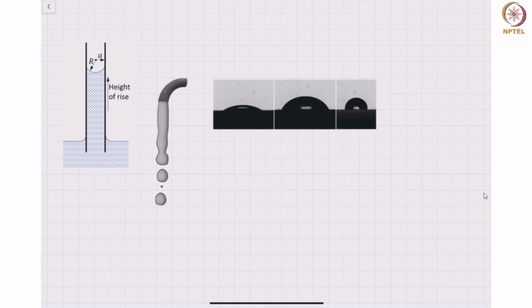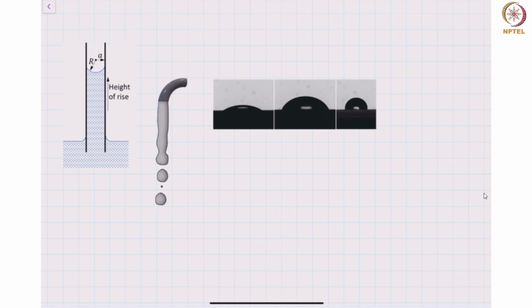It could be the Rayleigh-Plateau instability shown schematically, where a liquid jet breaks up into droplets, or how a droplet, a sessile drop, interacts with the solid surface. All these 3 examples are macroscopic features that we can see with our naked eye. Yet, their origins are from surface tension. And therefore, it's an interesting way that you can have a short range force and still have a macroscopic effect.